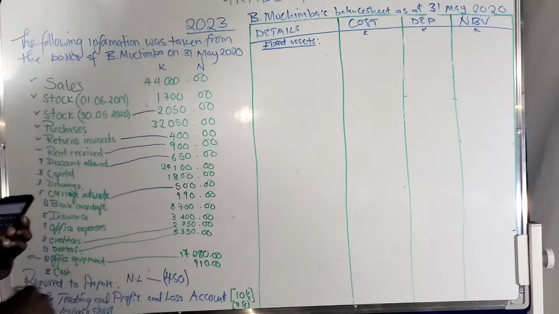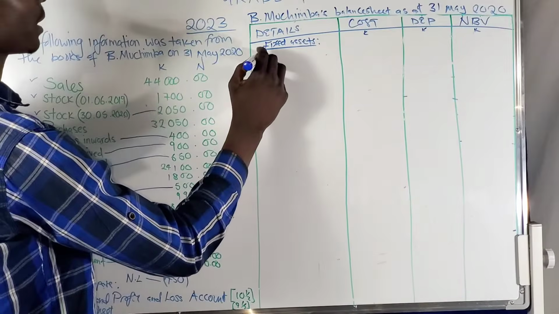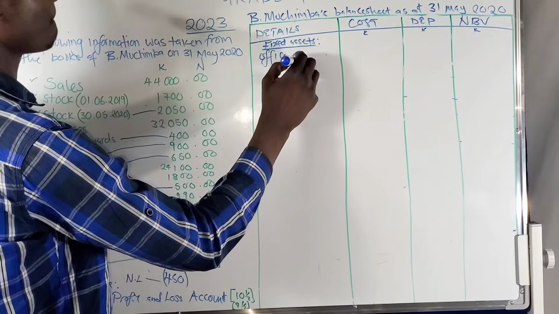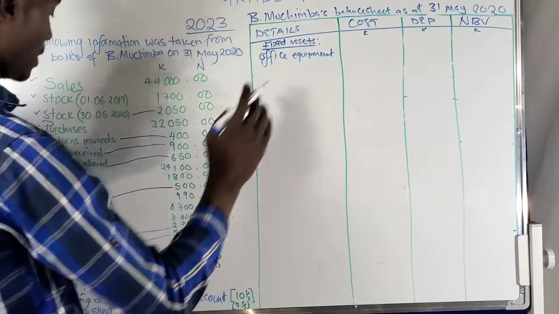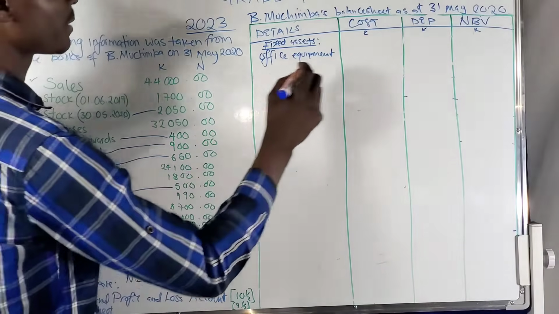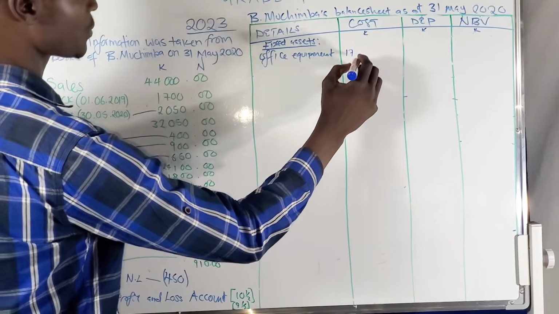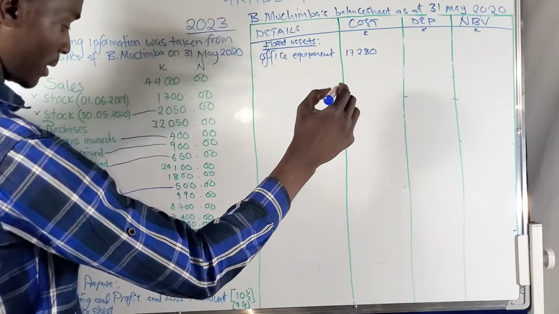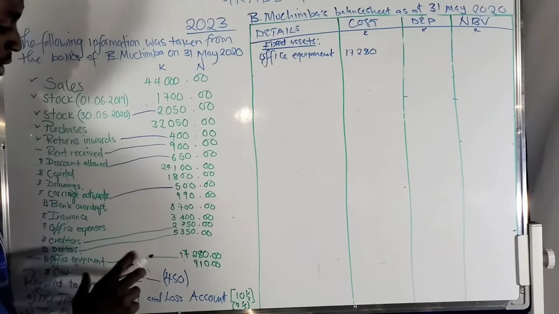We only have one fixed asset here, which is office equipment. So we're going to write office equipment here. The amount for office equipment is 17,280 kwacha. So this is the cost.